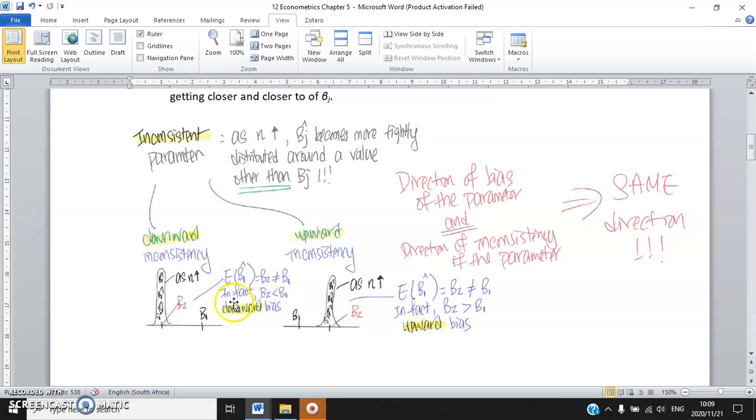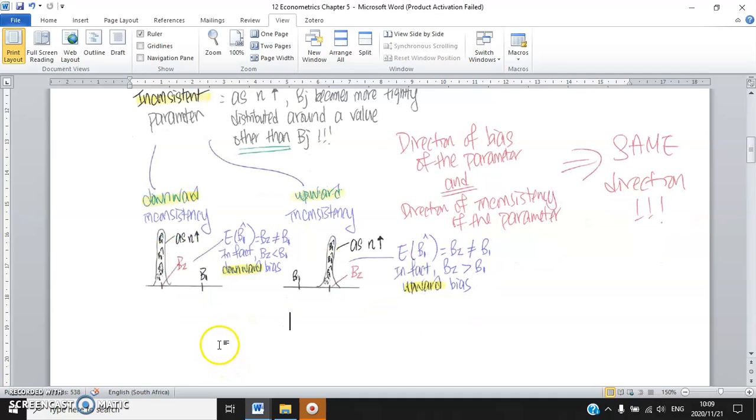Let's say I commit maybe underfitting or overfitting. Remember from chapter 2 or chapter 3, you know about the direction of the bias, is it upward bias or downward bias. So look at this example. This is the true PRF slope parameter, true B1. But because of certain problems with my regression, I suffer downward bias in my regression parameter due to, let's say, underfitting.